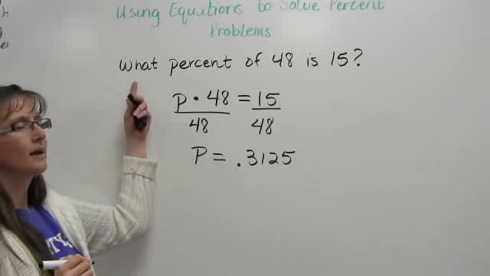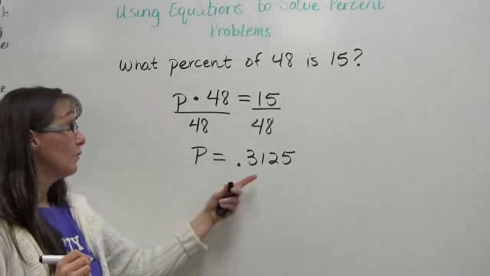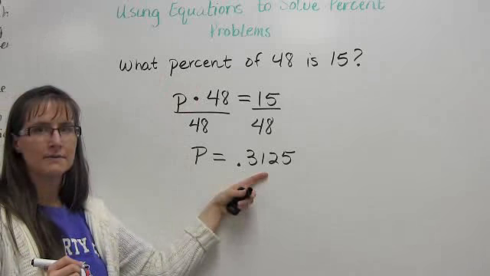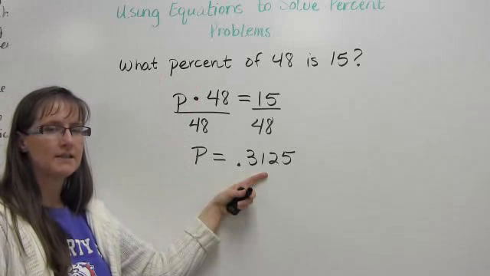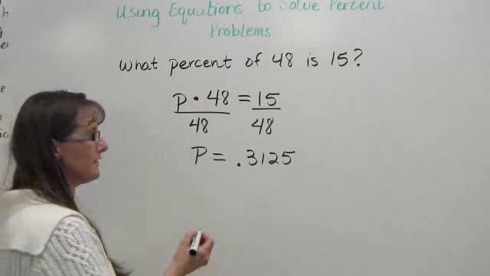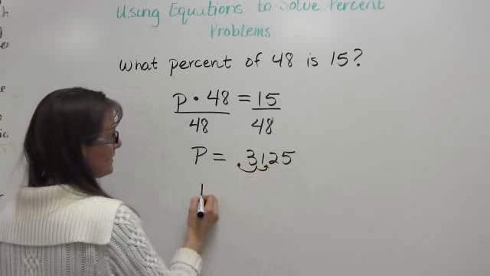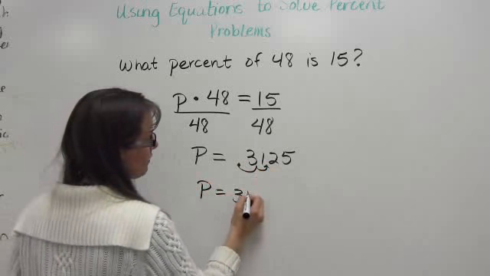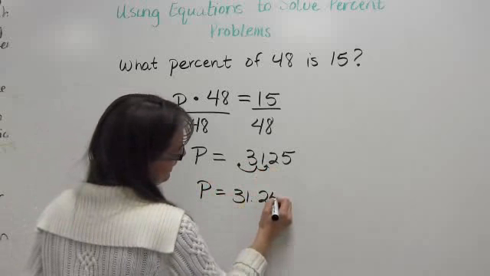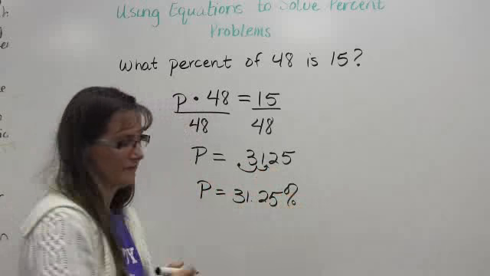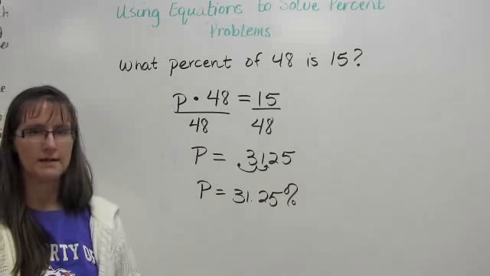Well, the key is that I was looking for a percent. What I have found is a decimal. So I now need to take that decimal and turn it into a percent by moving the decimal place twice to the right. So my answer is P equals 31.25%, or around 31%.